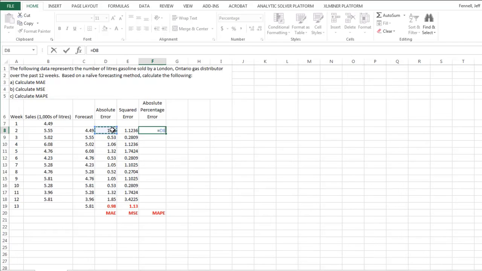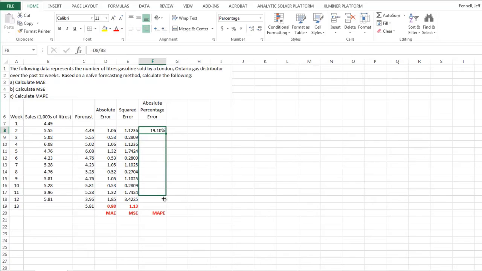We want our error as a percentage of what the actual sales were for that time period. So I'm going to divide my absolute error for period 2 by the actual sales for period 2. So in period 2, we had a 19.1% error.